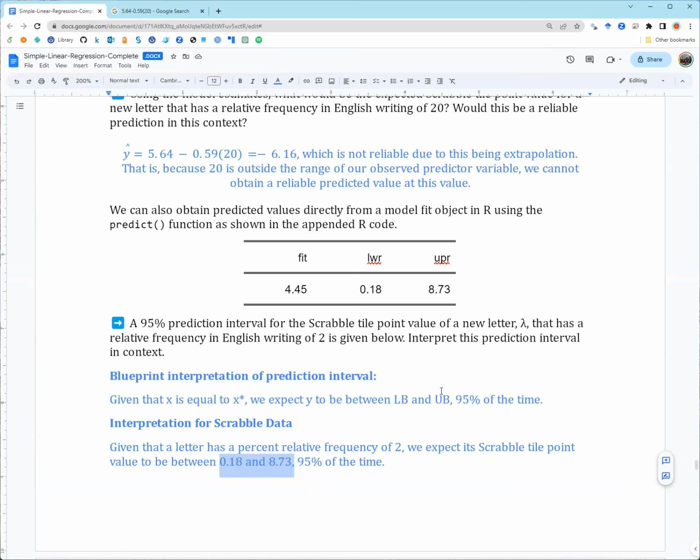As we have a bigger data set, if we had more observations, this prediction interval would get more and more narrow. The range would be smaller and smaller, and it would center in on the predicted value itself, for the most part, as we got more data.